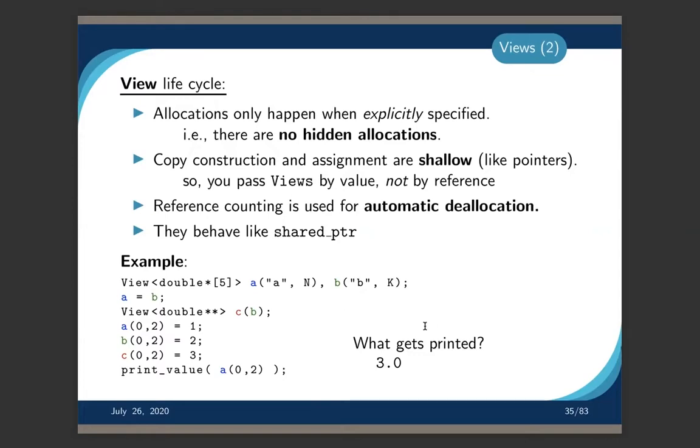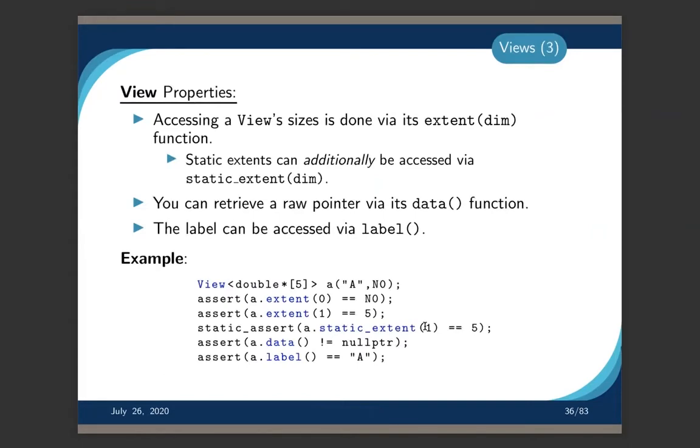Now you copy construct into C, which converts: C is going to have two runtime dimensions, just that its second runtime dimension, type-wise, is 5. Now I'm assigning 1, 2, and 3, and because these are all aliasing each other, pointing to the exact same memory, they overwrite each other, and so the last one gets printed. There's a question of how you copy the actual underlying data, and we'll come to that in just a minute.